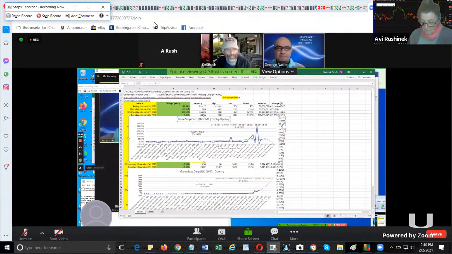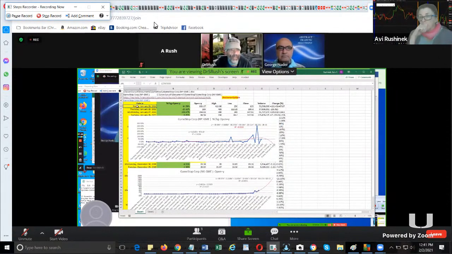Tell me, what do you see, which way is the polynomial going? That's right, exactly. And most traders use only linear regression or linear trend analysis, not realizing that it gives you the wrong direction.